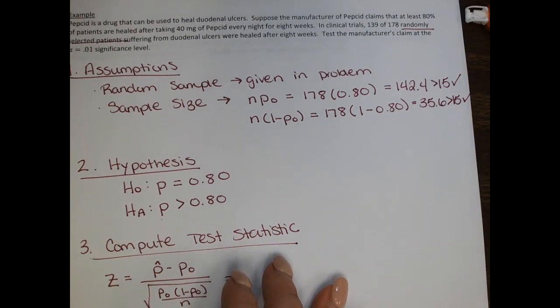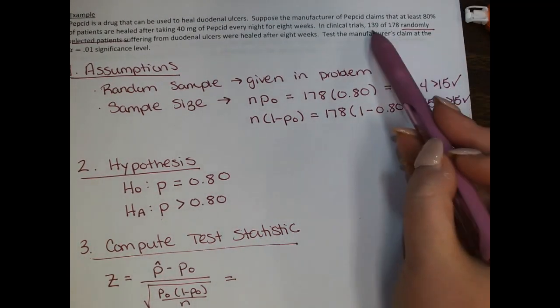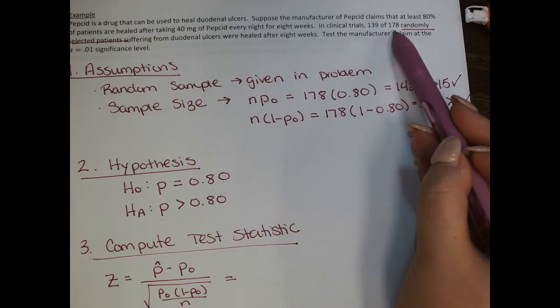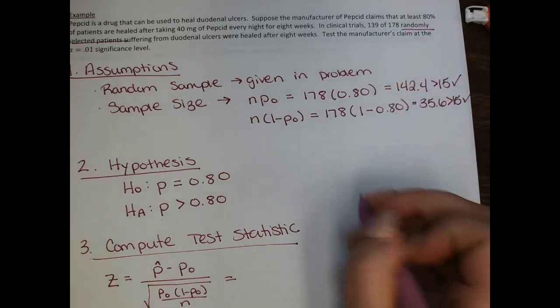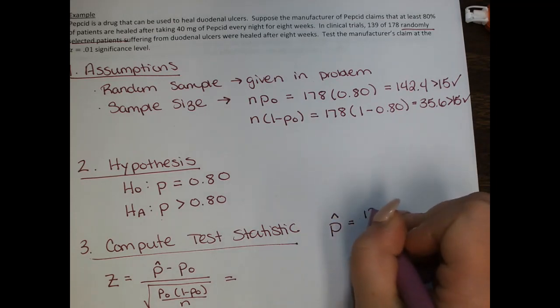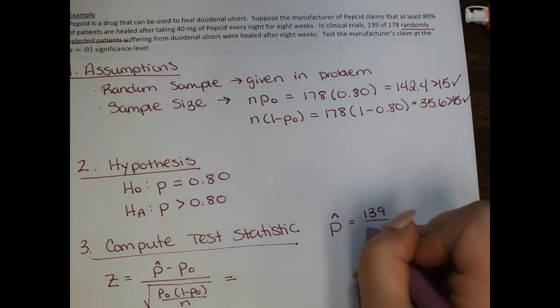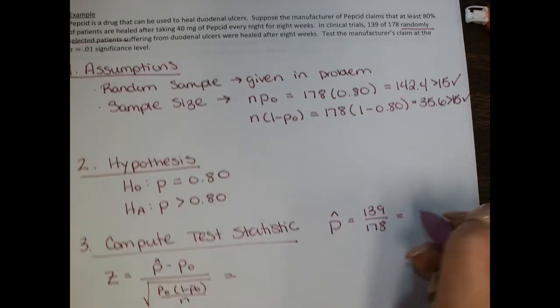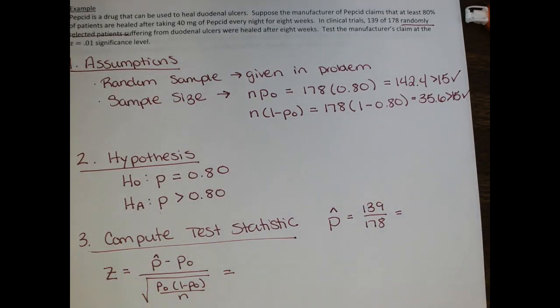So going back up to the problem statement, notice that we have 139 out of the 178 that were healed. So this tells me that P hat is equal to 139 divided by the 178. So again, we'll want to place this value in our calculator.